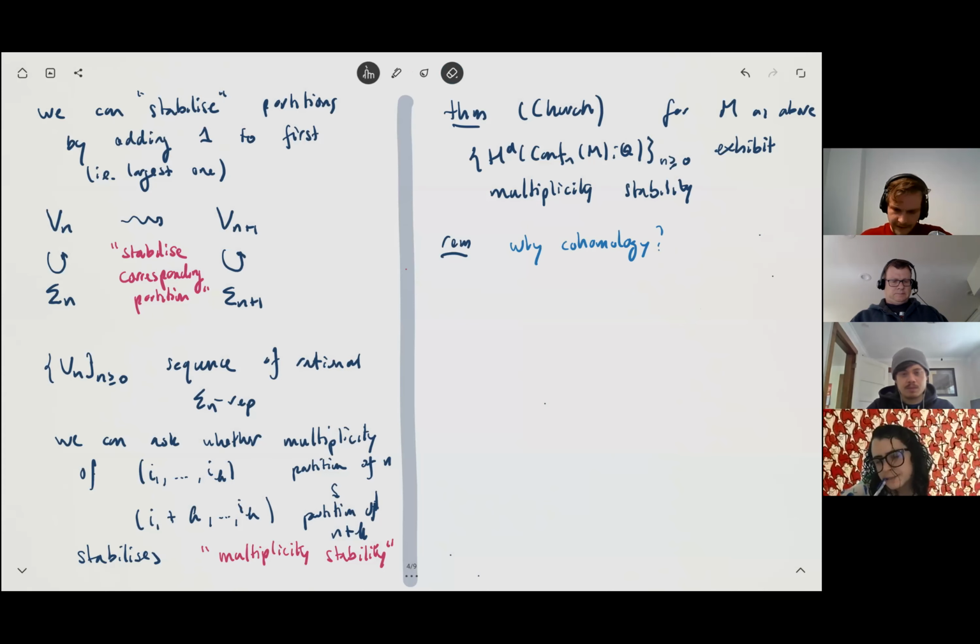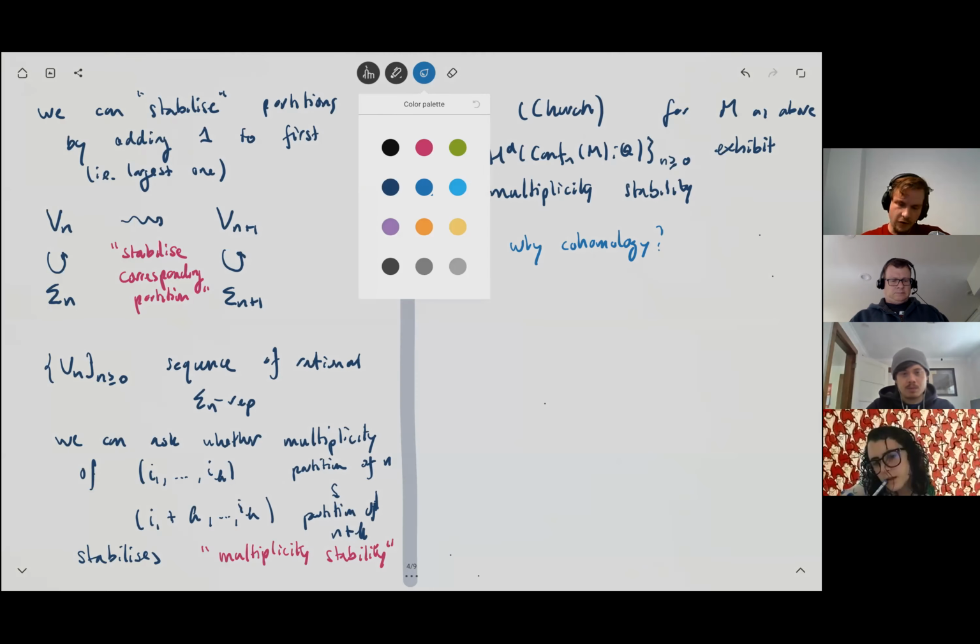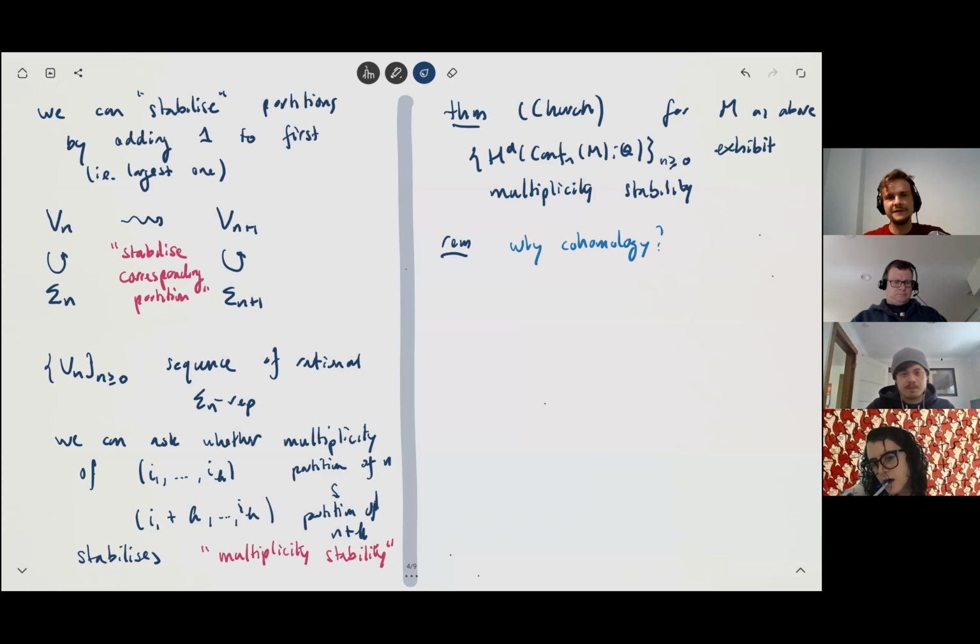Well, I didn't say that my manifold was open, so I don't have a stabilization map which brings in a point far away, like we had for the Euclidean spaces. Rather, in this case, we have forgetful maps.